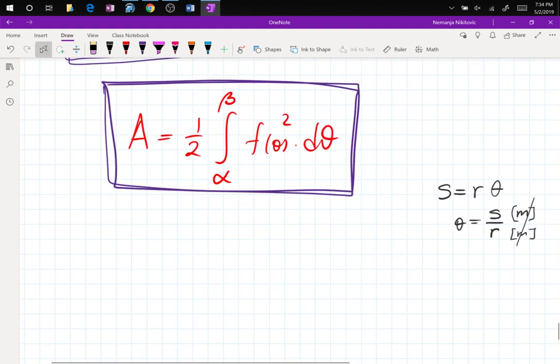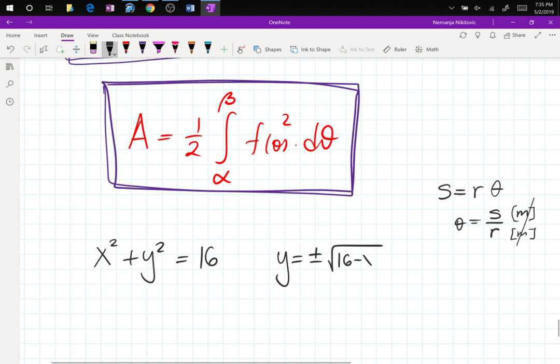Now, what do you have to do to integrate the area of the circle in rectangular coordinates? Holy nightmare. If you say x squared plus y squared is equal to, let's say, 16, you solve for y as plus or minus the square root of 16 minus x squared.